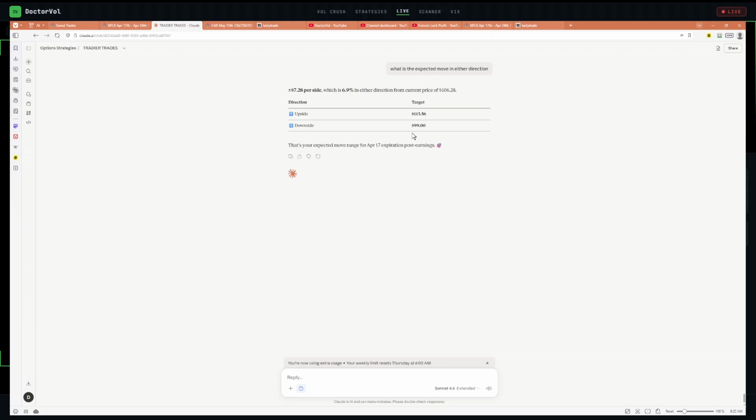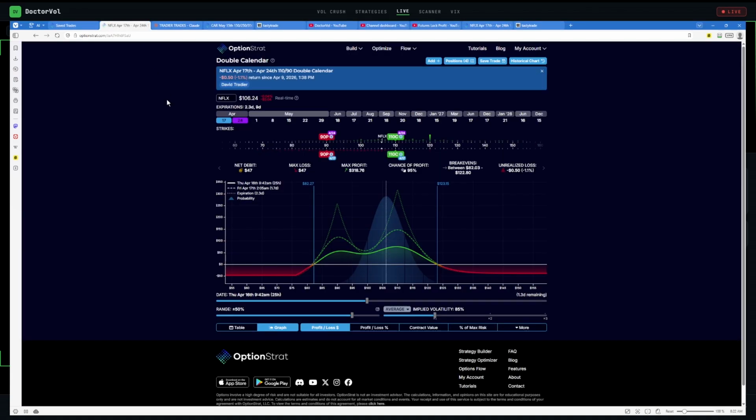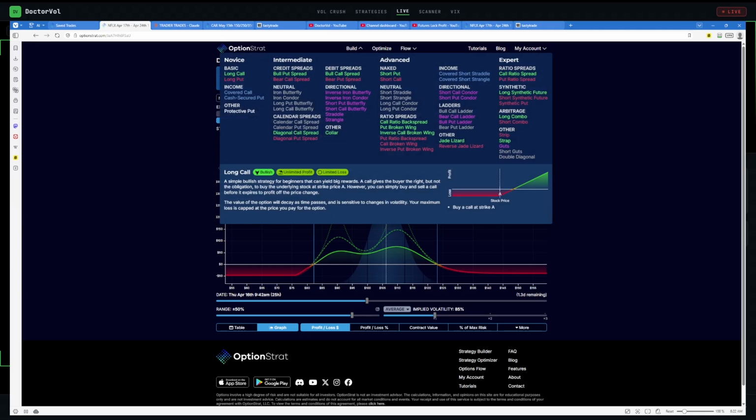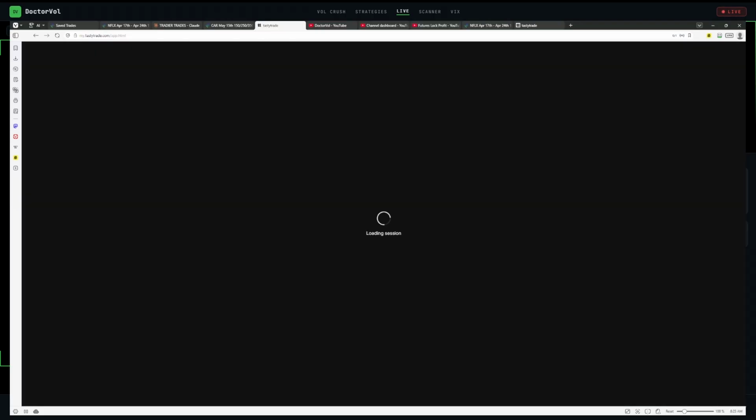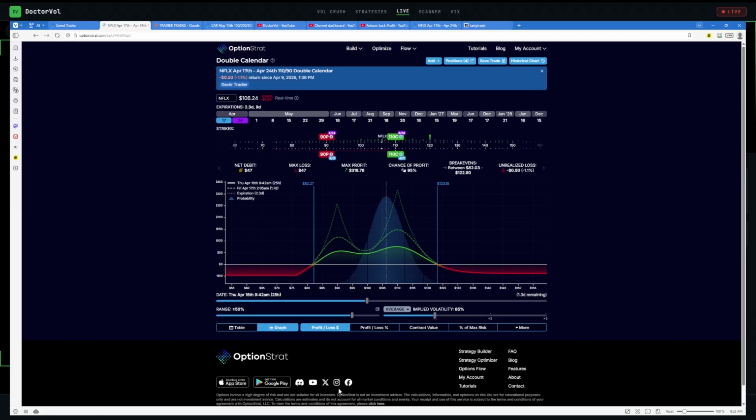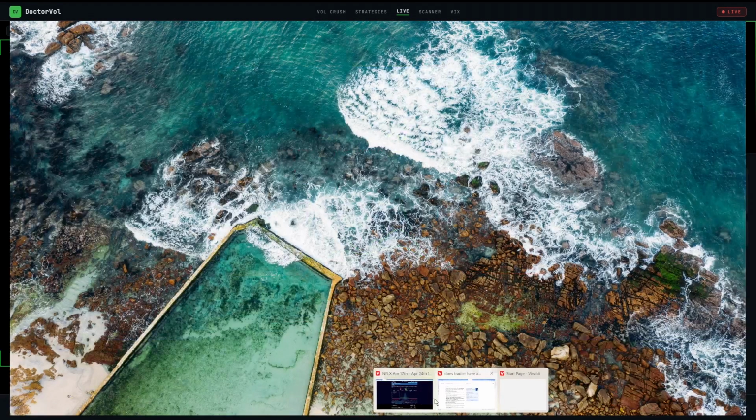So we can make this the psychological levels 100 and 115. I would say do that. Usually you'll have more action at those psych levels. So let's just build a new trade off of that. But let's go back to the options chain and let's take a look at what we got.